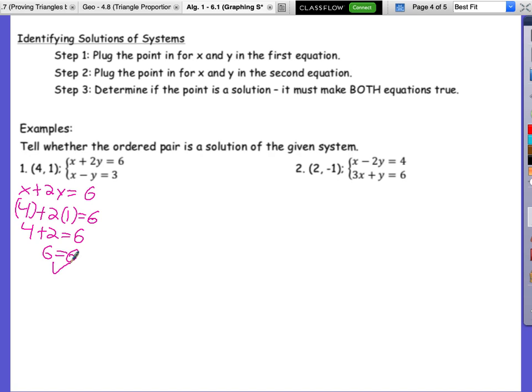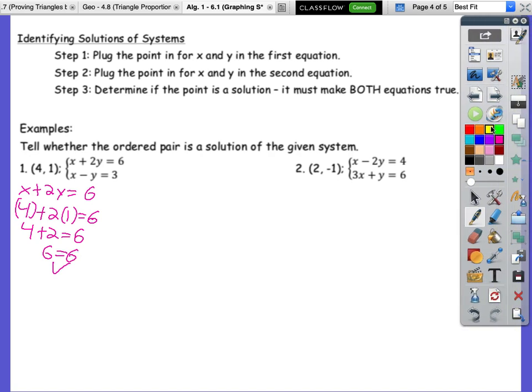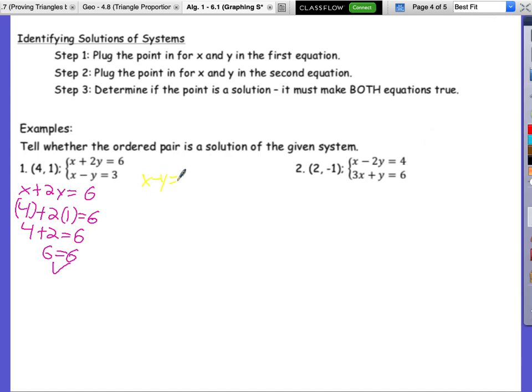Let's try the second one. Gotta check both. So take the second equation: x minus y is equal to 3. And once again, we'll plug in the same solution because we're checking it for both. Okay. Sam, how do we plug this one in? 4 goes in. Okay.